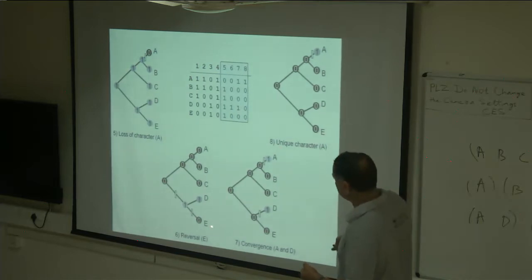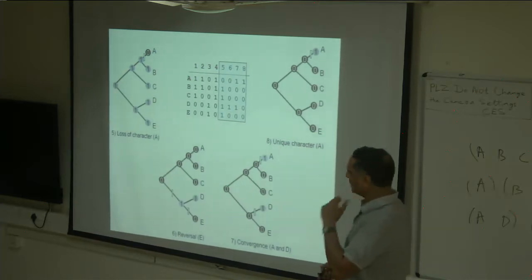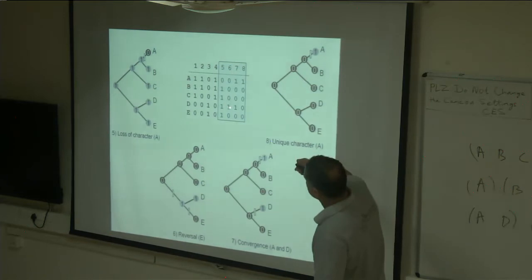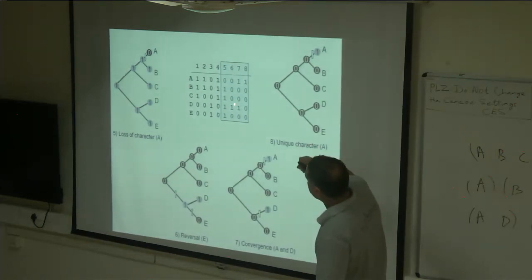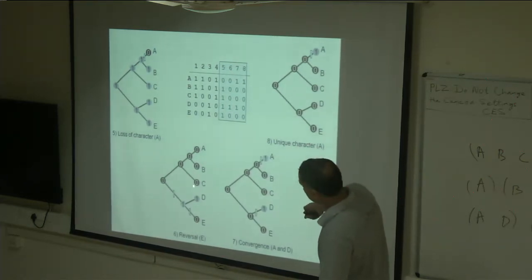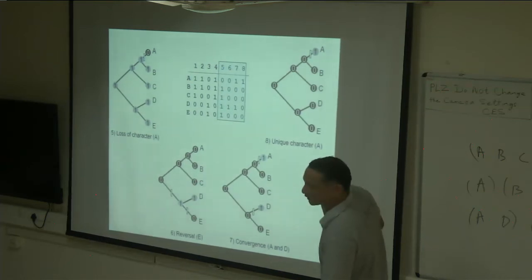Alright, so that is character number 5. Character number 6 is only present in D, and absent in all the other taxa. Right? Absent here.